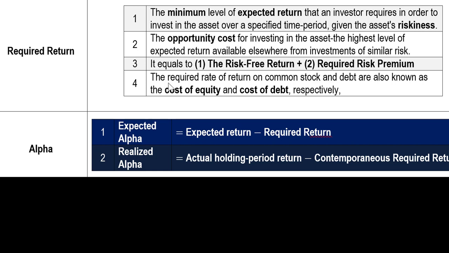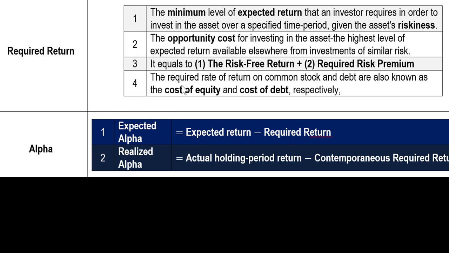And the risk-adjusted return is two-sided. Let's think about this. The required return by the investor is the cost to the company, because the company is the borrower and the investors are the lenders.